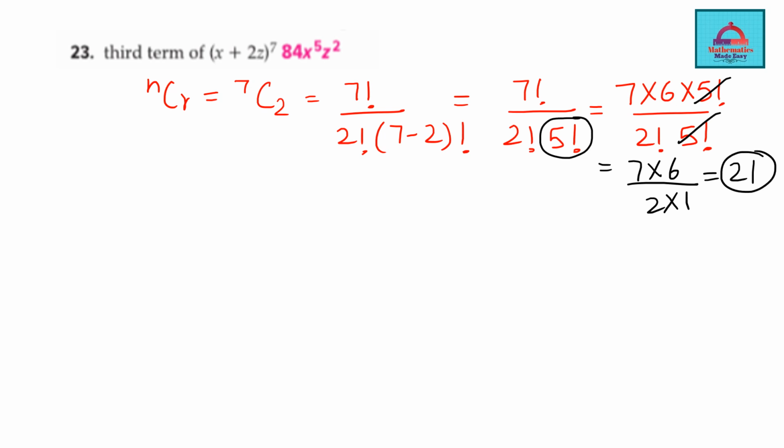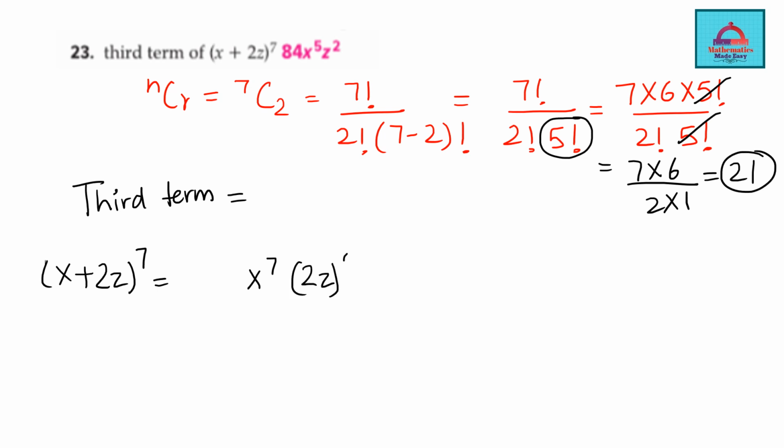Now we need to get the third term. So we will complete the solution now. So third term in this binomial expansion, as you would see, if I use the binomial theorem for this expansion, (x + 2z)^7, you know we start from the first term, x to the power 7, and then for the second term the power is 0.